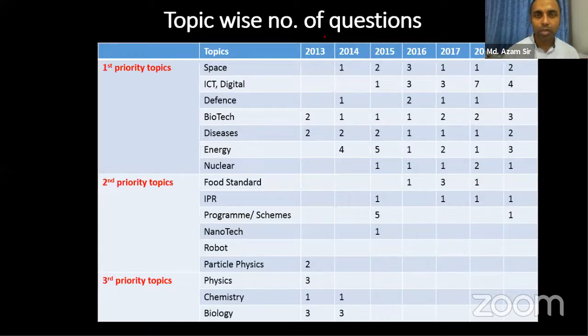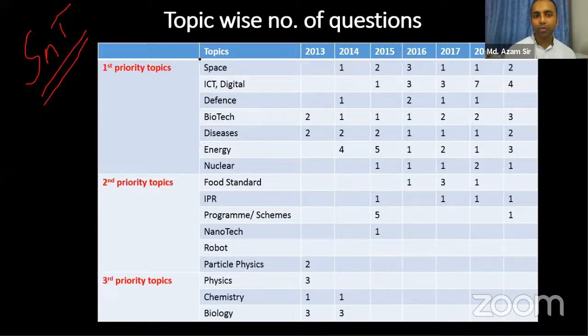So, with respect to the priority of the topics in the UPSC, I have categorized them into three different priorities. With respect to science and technology, see, all the topics should not be given equal importance. You should be smart enough to categorize them with respect to their significance in the UPSC exam.